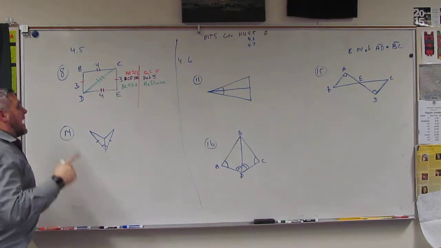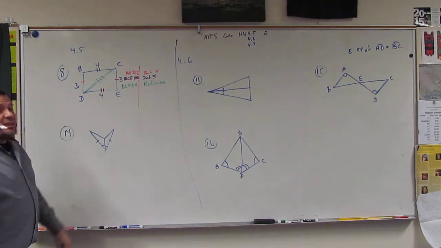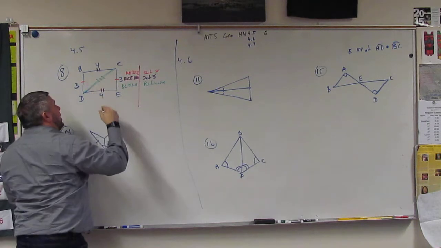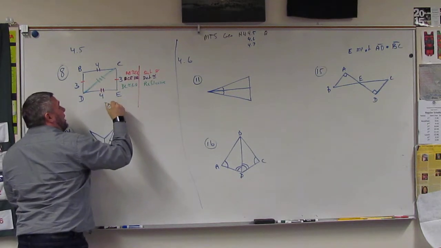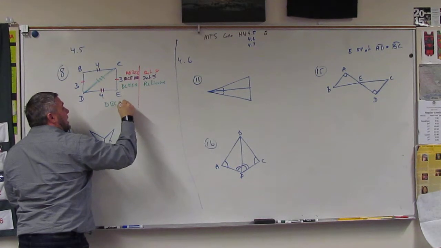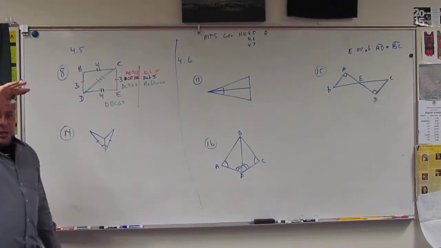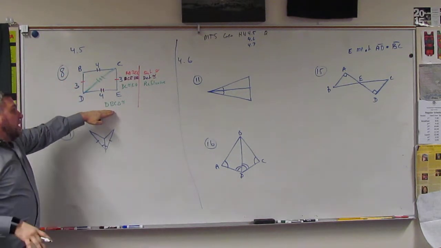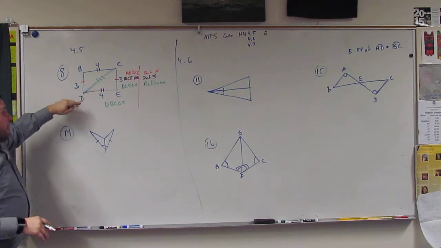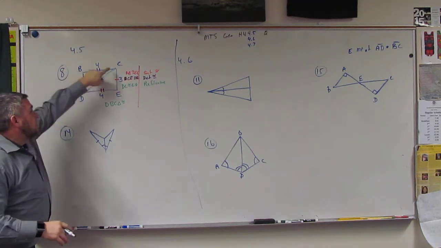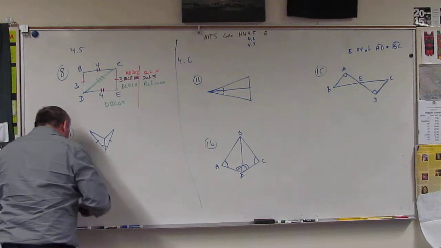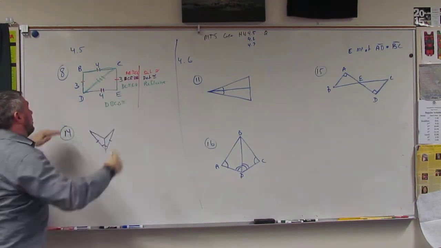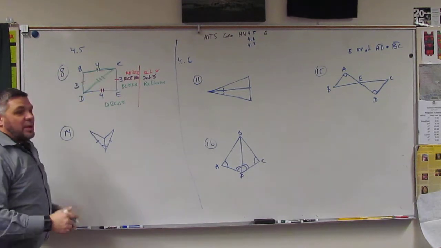Alright. Then how do I know that the triangle, and this is the very important part, guys. How do I know that the triangle DBC is congruent to which triangle? If I'm saying DBC, going like this, then how do I do the same one?